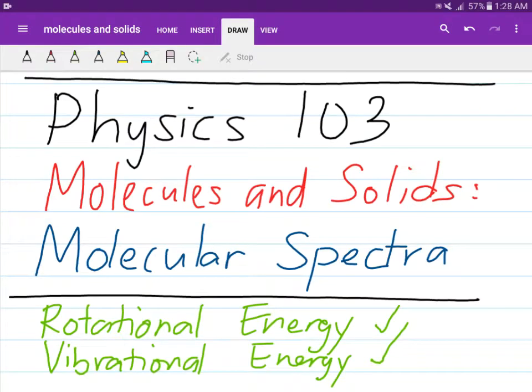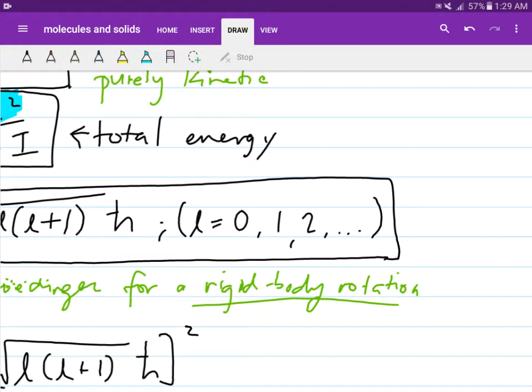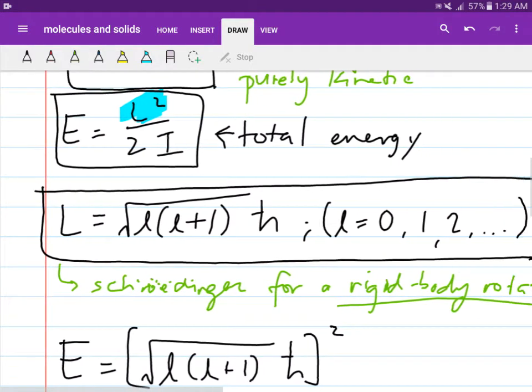Hello everyone. We are talking about molecular spectra, and now we want to see how the vibrational energies for molecules are quantized. So just a few additional things I want to add in the previous lecture.